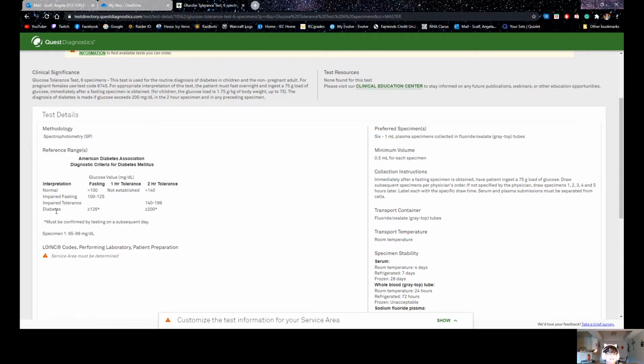And then we see if we automatically draw fasting and it's over 126, they're diabetic, plain and simple. And then 2 hours after eating, if anyone's sugar is ever over 200, they are diabetic.